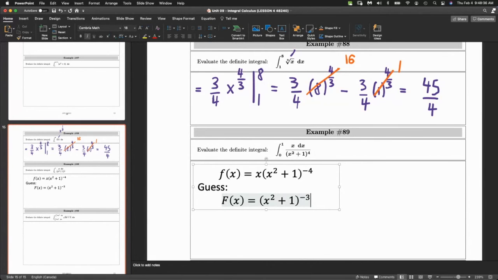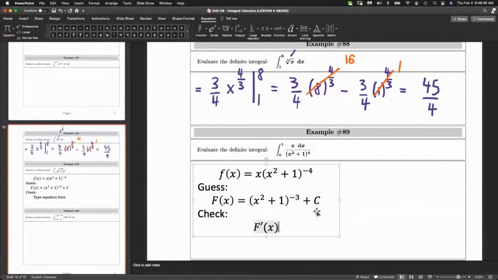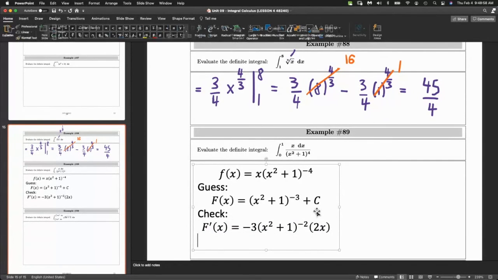Like that. So that's my guess there. And you definitely want to add a c there as well, but the c is going to disappear when you do your check. So there's the derivative of that quantity. Take it a step further.